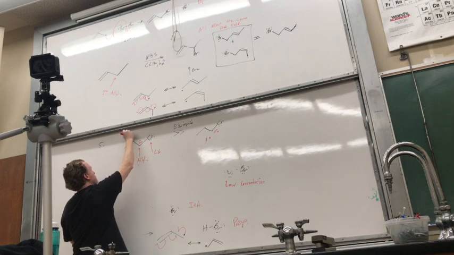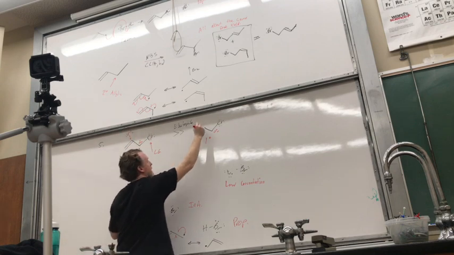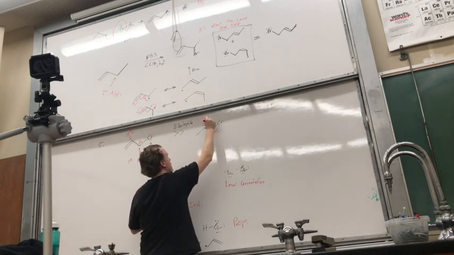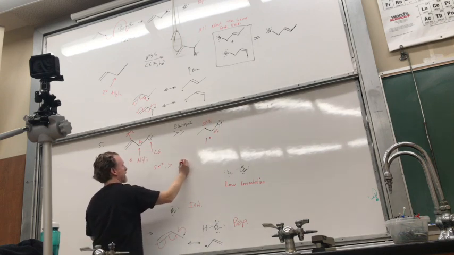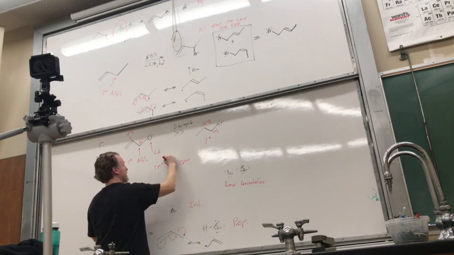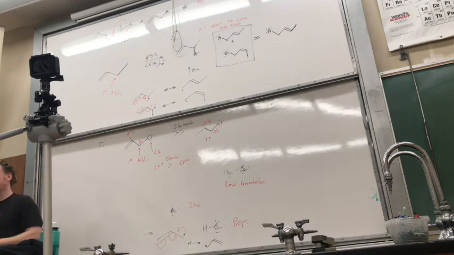You can think of it in terms of this is an sp2 carbon, and this is an sp3 carbon, and the sp2 carbon is more electronegative than the sp3. Thus, that's more reactive.